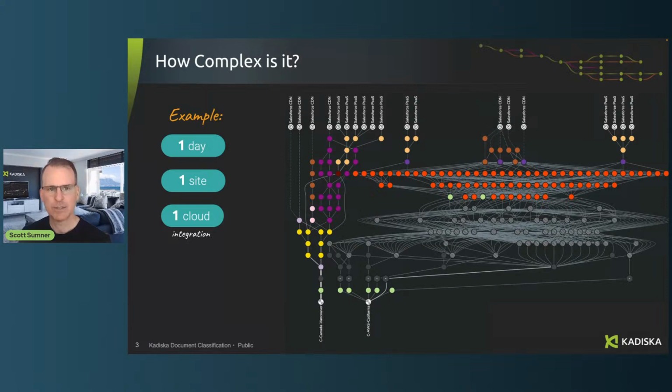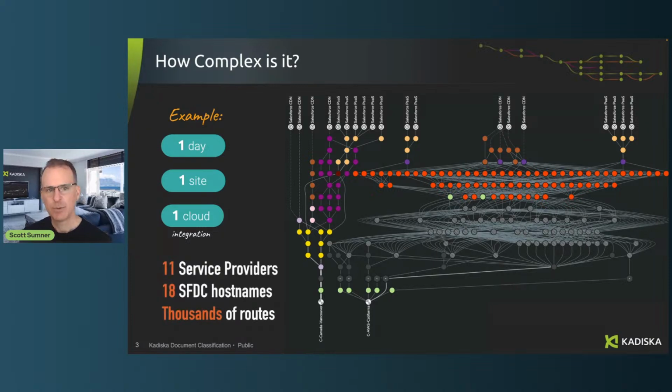So something hosted in Amazon Web Services trying to connect in with the Salesforce platform as a service, so force.com, and then one site in Vancouver trying to access Salesforce through their CDN. You end up with 11 service providers, 18 different host names connecting at the same time or over different periods of time, and thousands of different unique routes to get there. So this is a very dynamic environment, and that's just one day, one site, and one cloud.